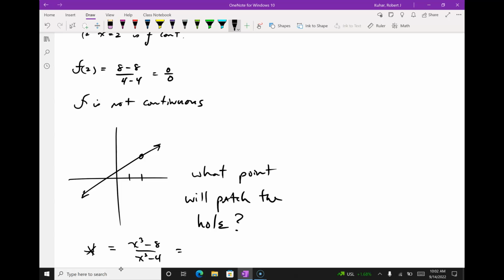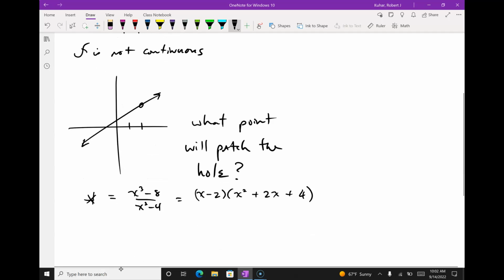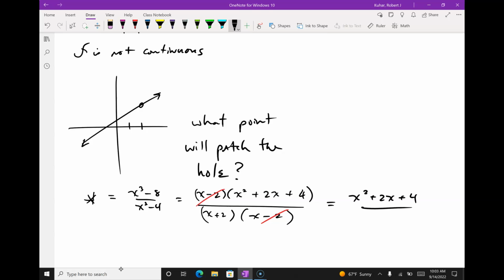Who's got the factoring for me on x cubed minus 8? X minus what? 2 times? Nice. And my x minus 2's will cancel. So this function now is my replacement function. Is everybody following what I'm doing?